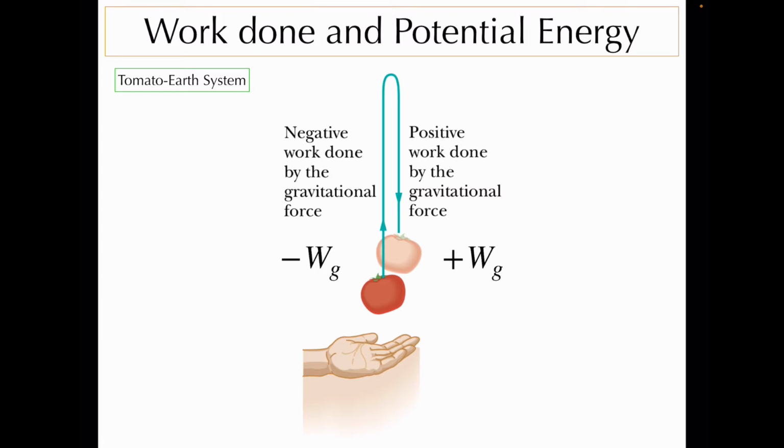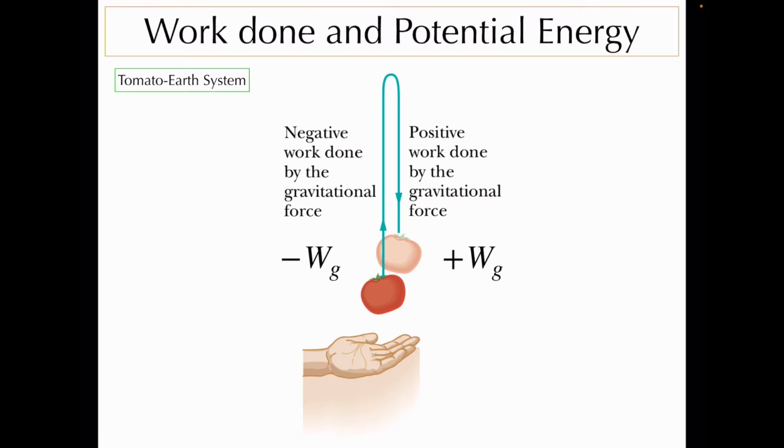The Earth exerts a gravitational pull on the tomato, and the tomato has potential energy because of its position in the Earth's gravitational field. Let us consider a boy throws this tomato upwards. We are ignoring the boy and the force he used to throw this tomato, and only consider the gravitational force acting on the tomato.